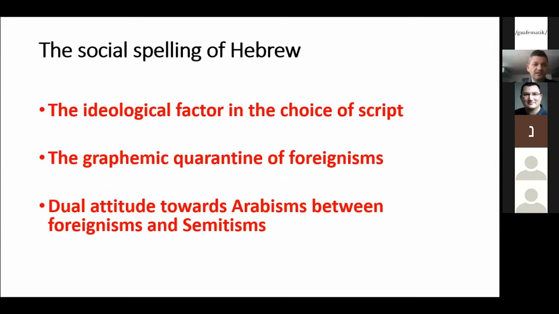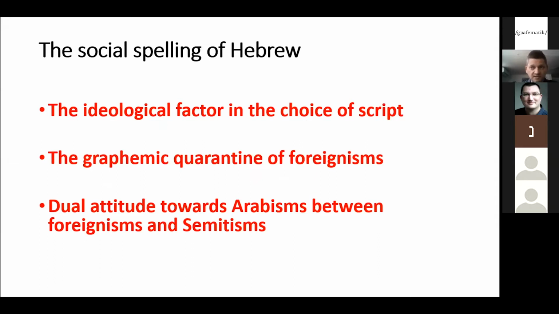I will first present the ideological factor in the choice of script, namely what is known as the Hebrew script. I will then treat the question of graphemic quarantine for foreignisms or for loanwords. Then I will deal with the dual attitude towards Arabisms between foreignisms and Semitisms, because some words are foreign, others are from the same family.